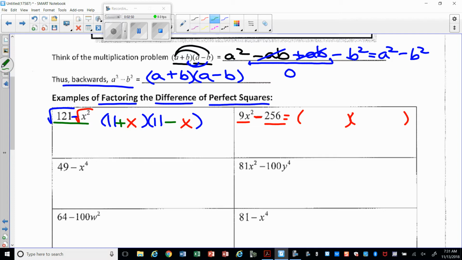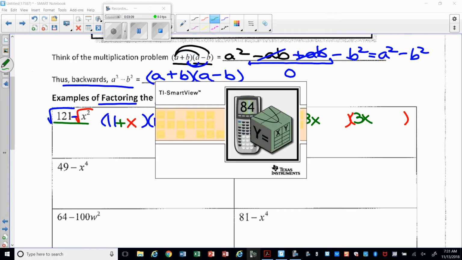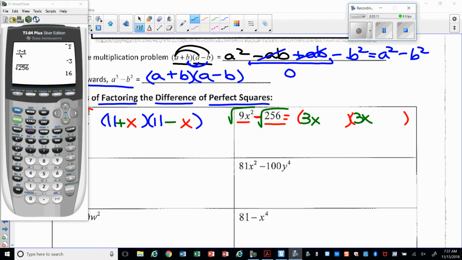I just take the square root of this one, and I get 3x. And I take the square root of that one, and I get, I think, 14. I should check that out. Okay, so it actually is 16.